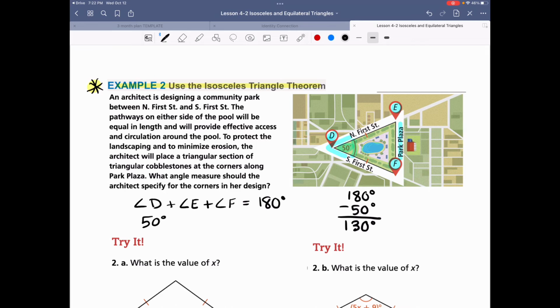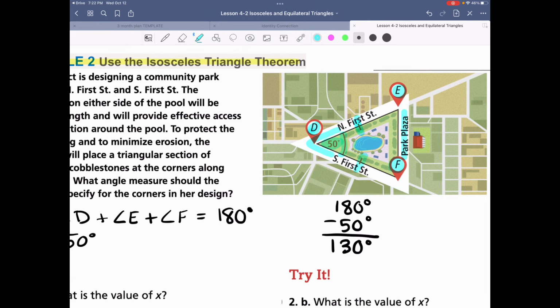And we know that it's an isosceles triangle because they told us in the word problem, but they also show these little tick marks right here. And those tick marks show that North 1st and South 1st Street are equal in measure.